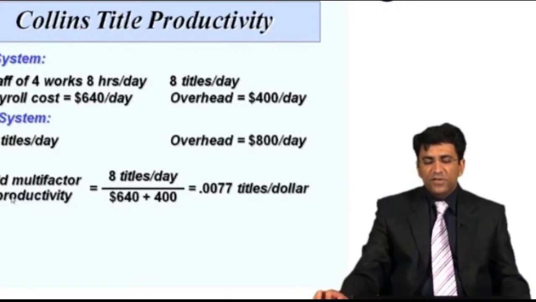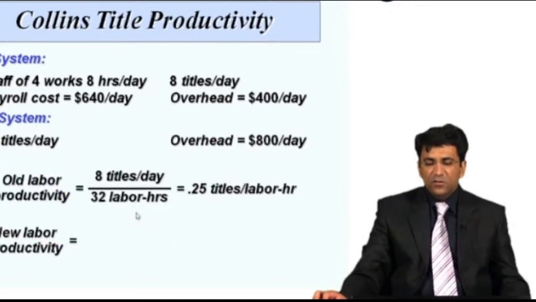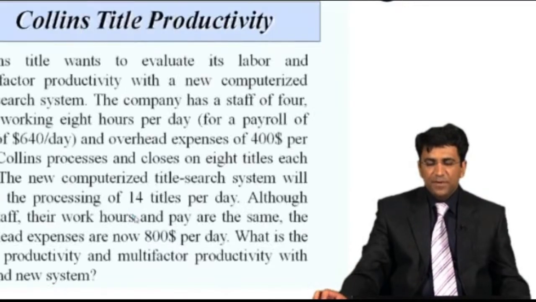Now in this particular case, we are interested to take the input, that is the overhead cost as well as the other cost which is given in this particular example. You can see we are provided with 2 types of cost, that is the payroll cost of $640 per day and overhead expenses $400 per day, which were for the old system.